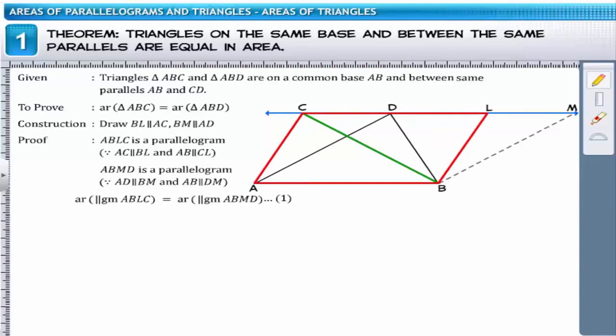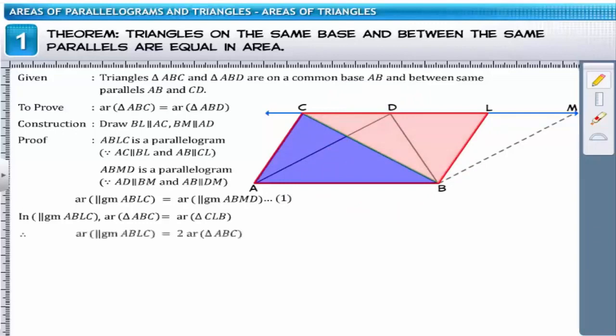It divides the parallelogram into two triangles ABC and CLB. These triangles have equal areas. Therefore, the area of parallelogram ABLC will be equal to twice the area of triangle ABC. Let's term this as equation 2.